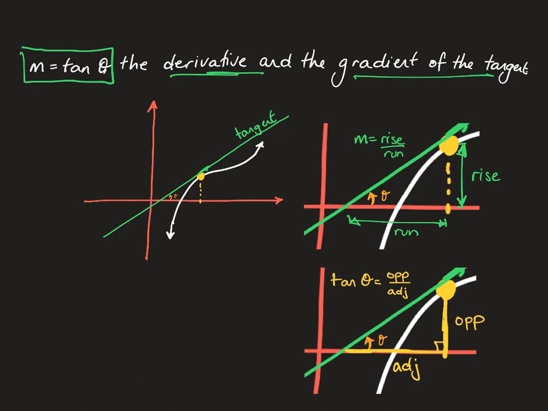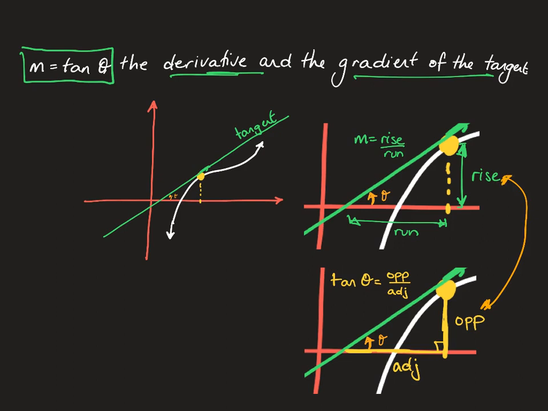Or we can take exactly the same triangle and look at it in terms of a right-angled triangle, and this side is the opposite, this side is the adjacent, and we have the relationship that opposite over adjacent is tan theta. And so if we connect the two together, our opposite side is in fact our rise, and our adjacent side is in fact our run.